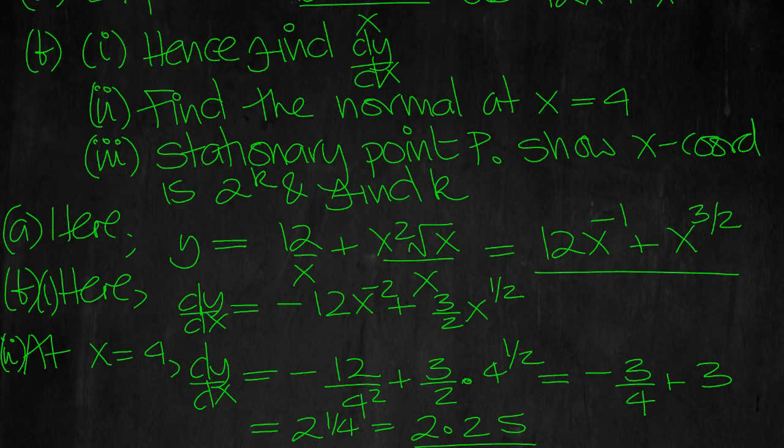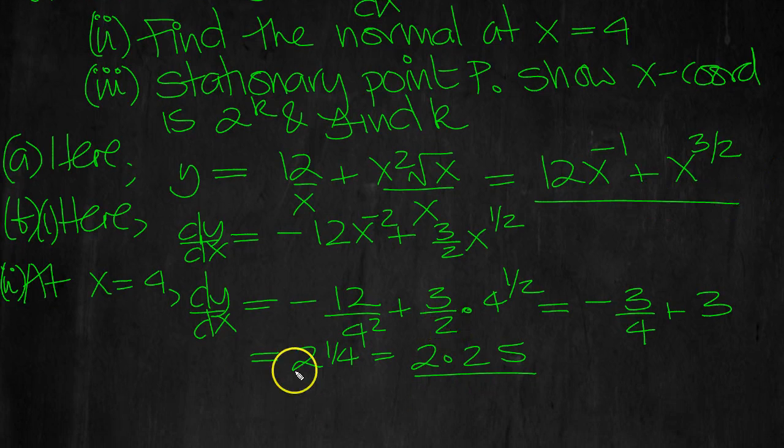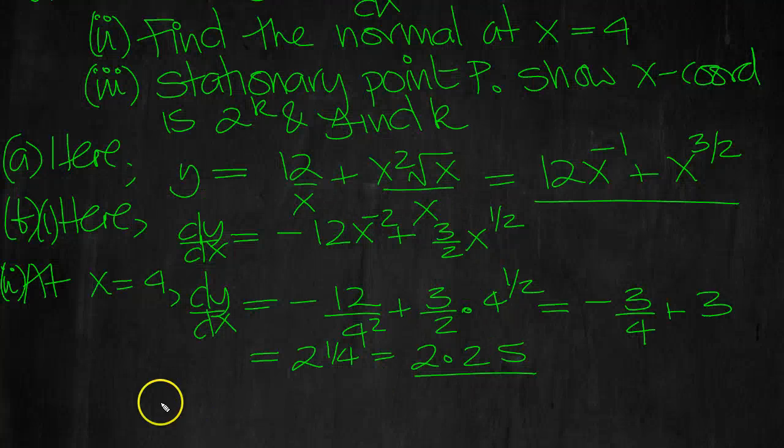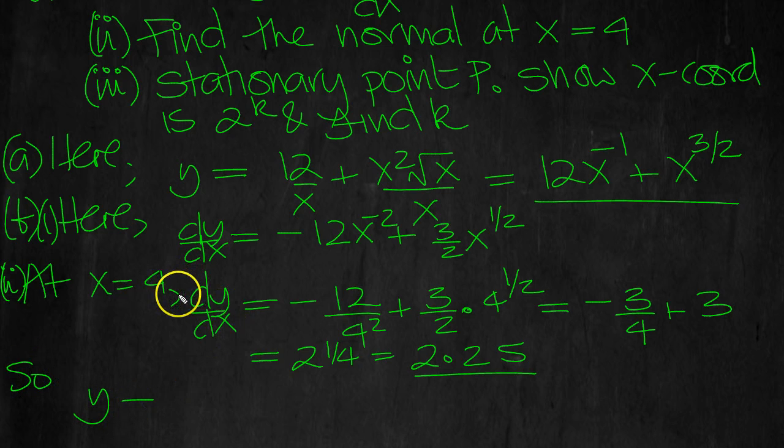Okay, so that would be the gradient of the tangent. Let's just flip back to the question once more. Find the equation of the normal at x equals 4. So what have we got then? At x equals 4 we'll still need to get y, won't we?